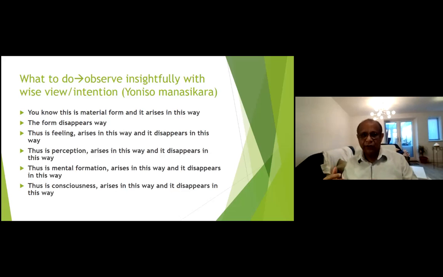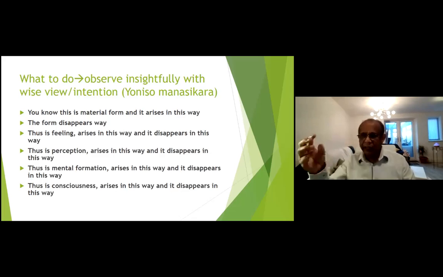But if you know that the form disappears, the form disappears away. Sorry for the spelling mistake. So it means you know the material form and it arises in this way, and the form disappears in this way. How does it disappear? Because you used your insight, your wisdom, to understand that this baby is just a product of four great materials, and that the baby's picture just came to my mind.